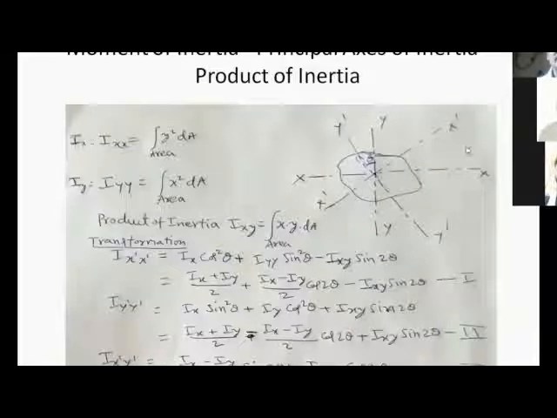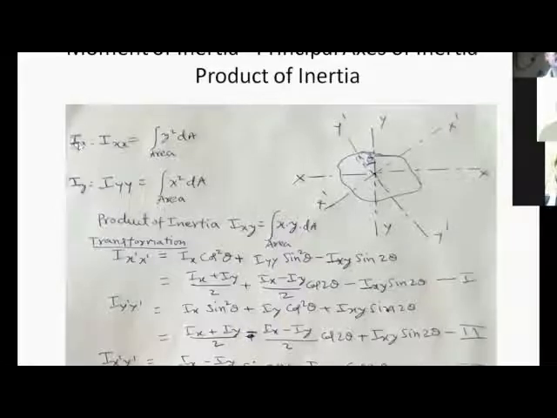So if you take the x-axis, if you consider an elemental area dA here, its distance from the x-axis is say y, then its first moment about the x-axis is dA into y, and the second moment is dA into y square. So y square dA is the second moment of the elemental area about the x-axis. So if you want the second moment of the whole area about the x-axis, you integrate it.